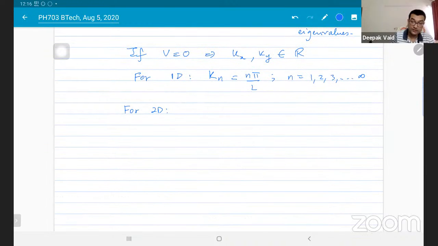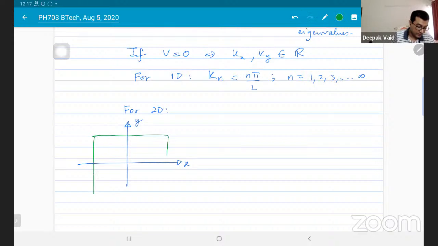In 2D, let's say that we have x and y, and now we have to ask what is our potential. Again, let us look at the simple example of a square potential or a rectangular potential. Square or rectangular, it doesn't matter.